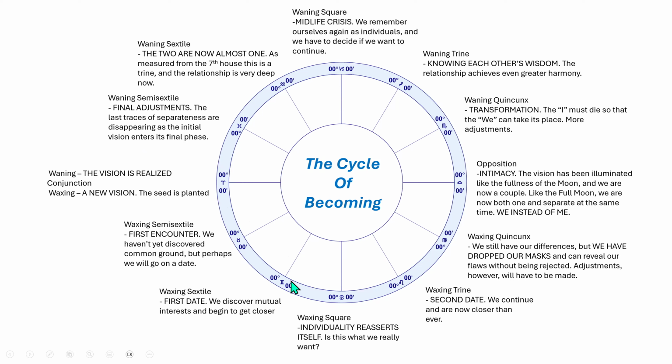That goes for our usual angles like sextiles and trines and squares and semisextiles, but also goes for any other angle, whether it's a 45 degree, a 15-degree angle, a 1-degree angle. Everything can be interpreted in terms of the evolvement and development of this relationship and the cycle of becoming.